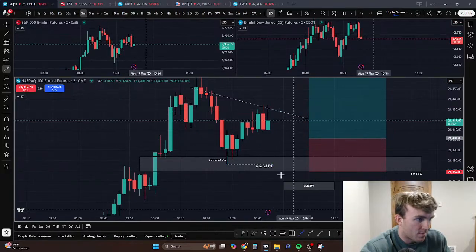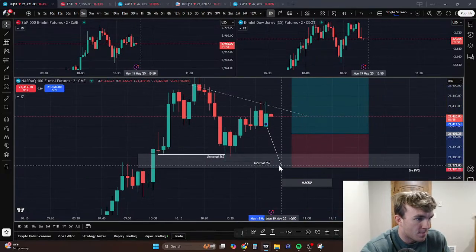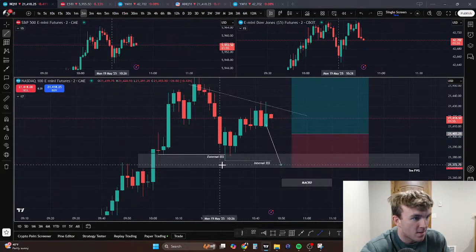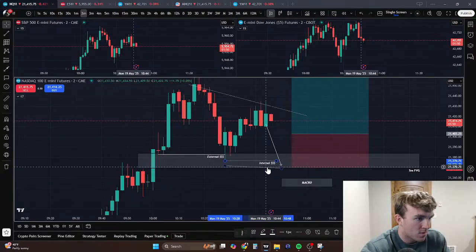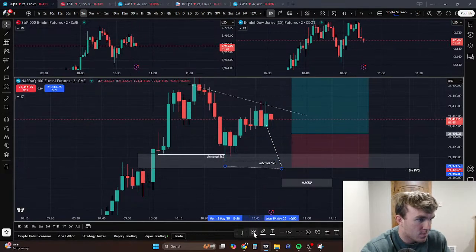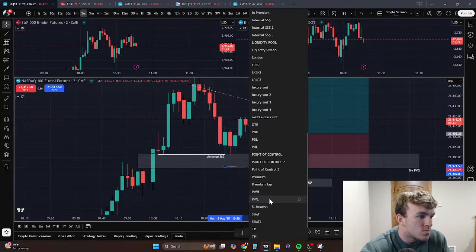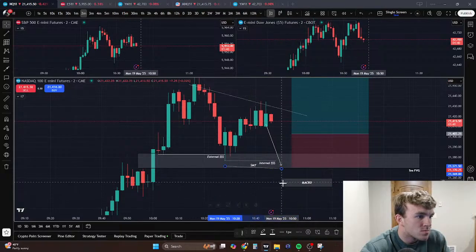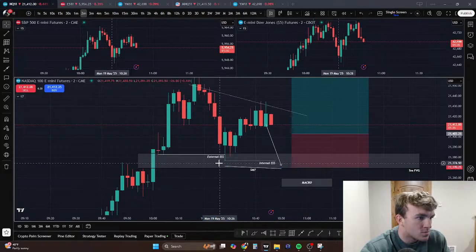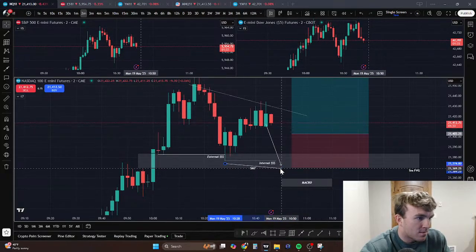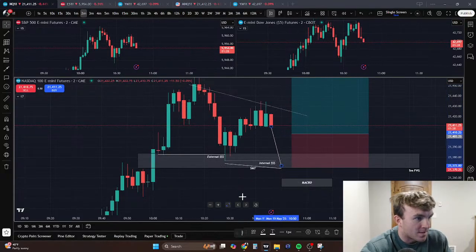Like if we came and we swept out this low again, and then maybe we get SMT or something. Something like that. And then maybe we'll get inverse for value gap like this.